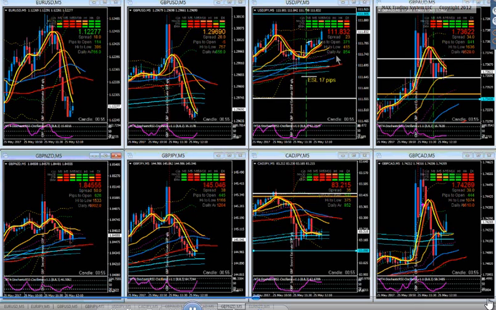One way to control the risk is, of course, not making scale-ins in our trade.